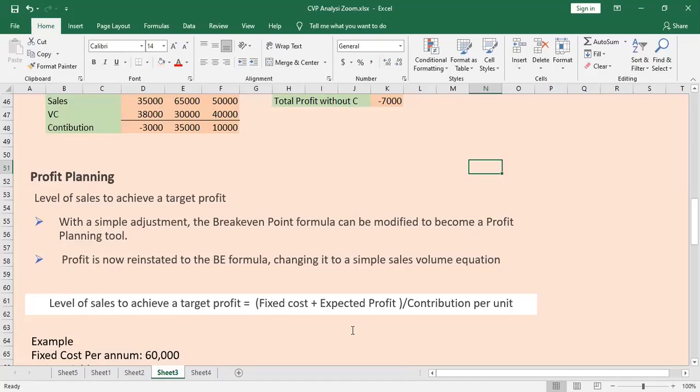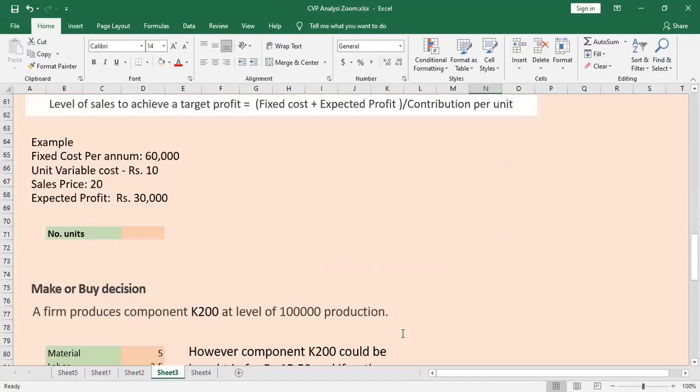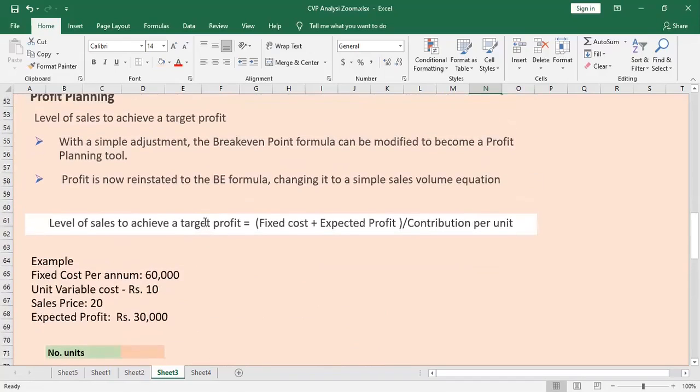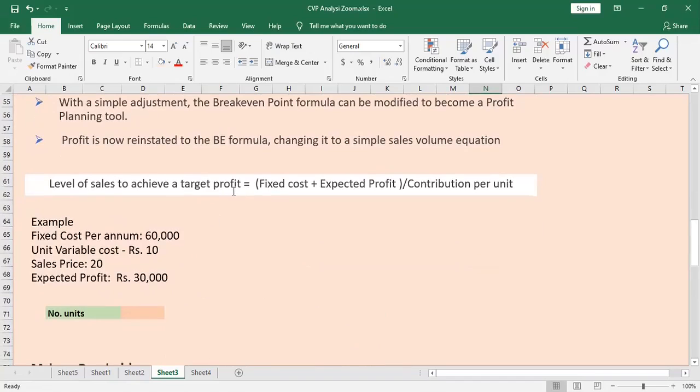It's very easy. So let me discuss this example with you. Here we have fixed cost per annum of 60,000, unit variable cost 10, sales price 20, and expected profit 30,000. So you can easily use this formula: fixed cost plus expected profit, divided by unit contribution.